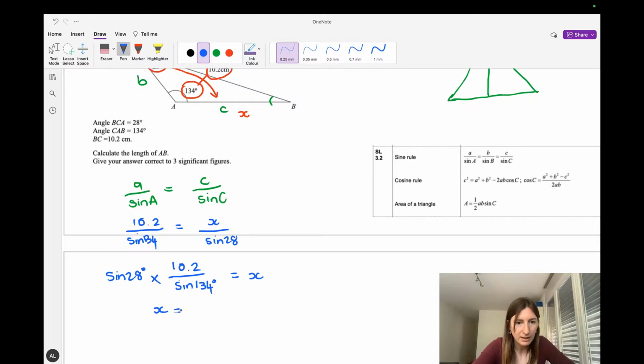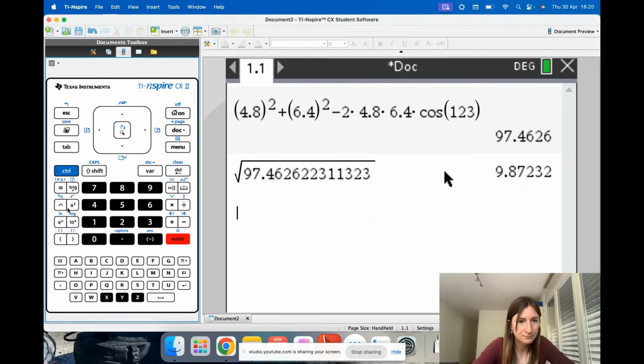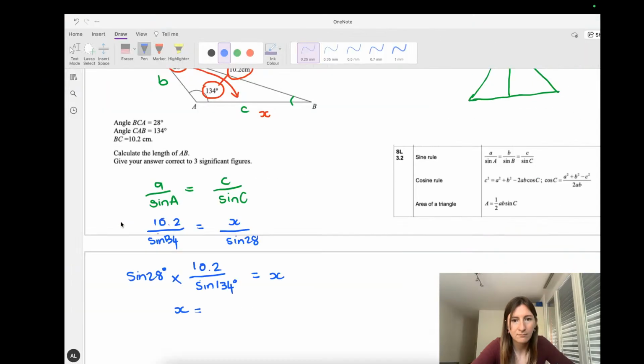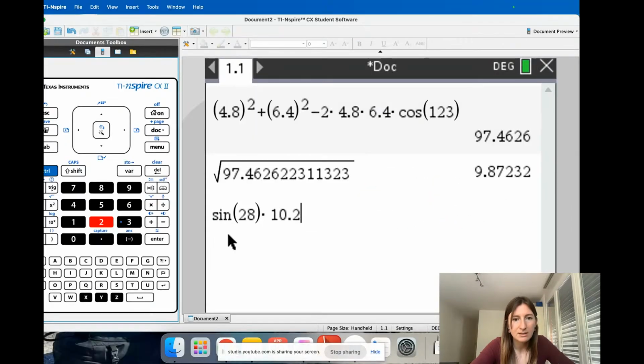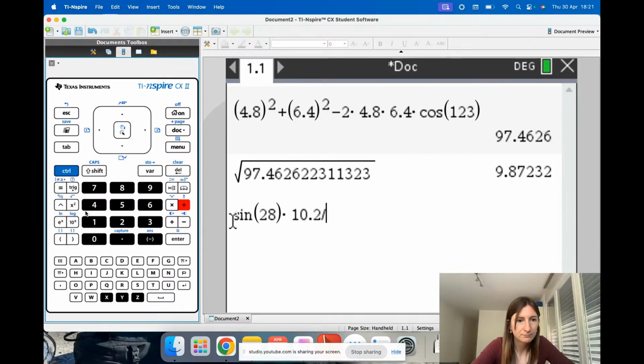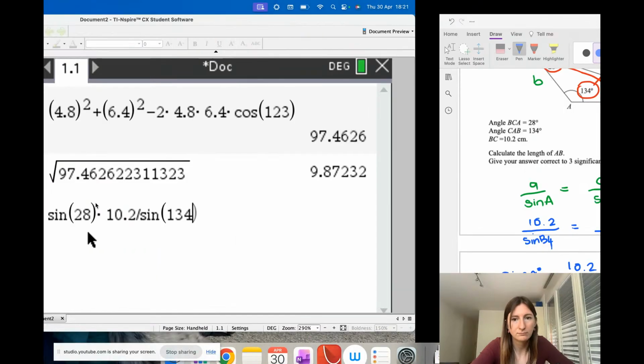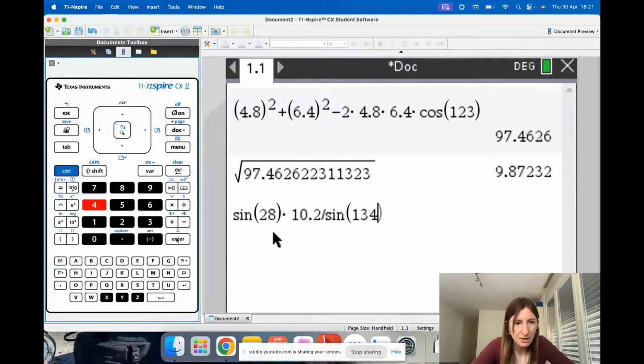So sine 28 times 10.2, divided by sine 134. And seeing as we're timesing and dividing, my order of operations is not important. I can times these two and then divide, it doesn't matter.